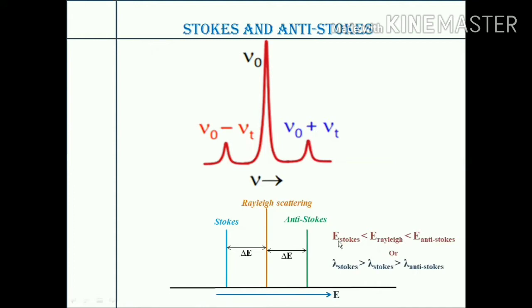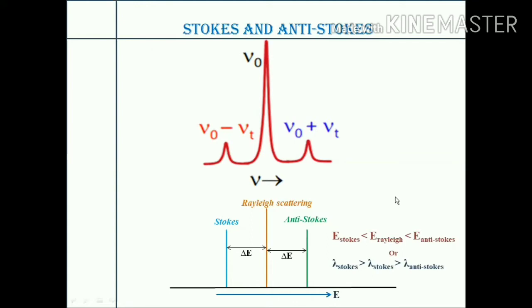The energy of the Stokes line is the least, followed by the Rayleigh scattering, which possesses a much higher energy as compared to the Stokes line, and the maximum amount of energy is attained by the anti-Stokes line. Now, if we try to arrange these three lines that we obtain in Raman spectroscopy in the order of their wavelength, then how does it go?